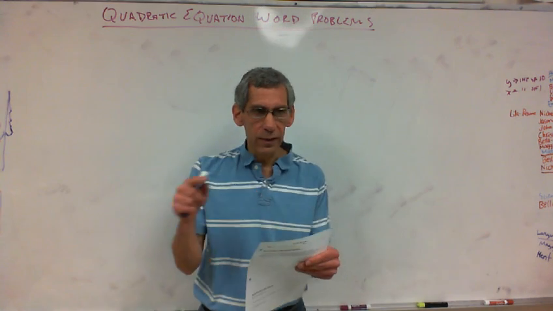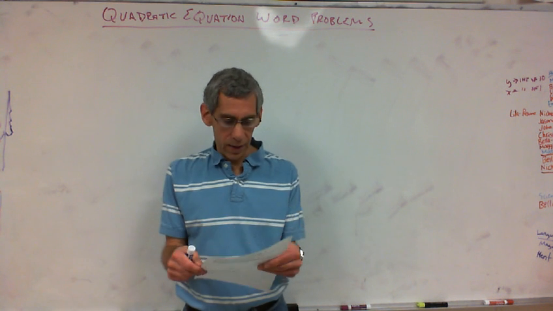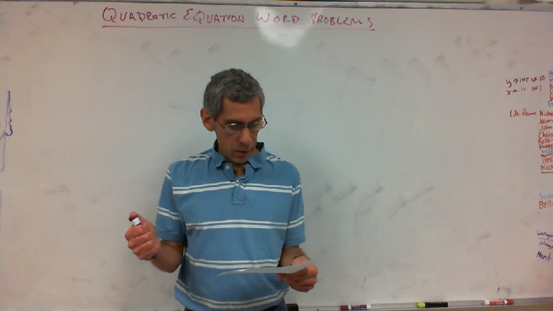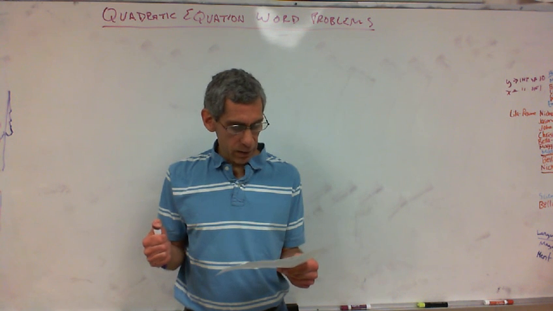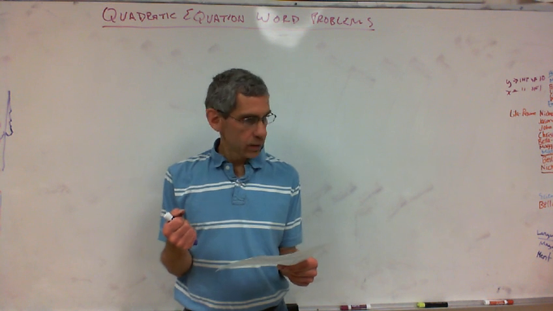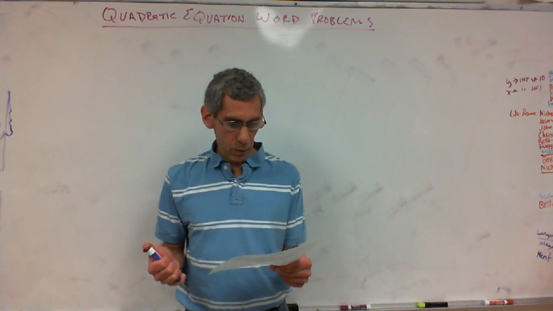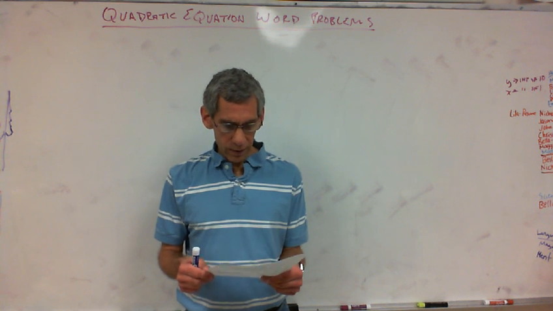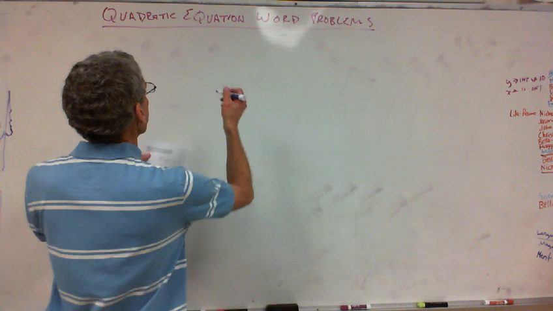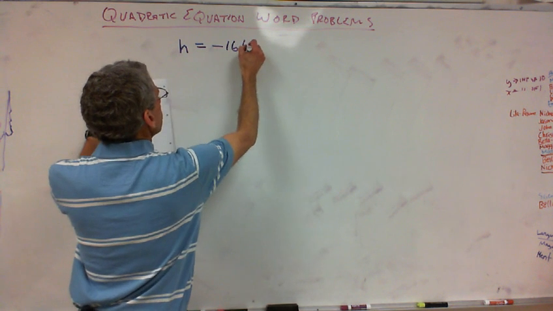I think I'm going to just read this. We'll read it together, and instead of me taking the time to write it out, because I'd rather not do that. So it says, a group of friends try to keep a beanbag from touching the ground without using their hands. Once the beanbag has been kicked, its height can be modeled by h is equal to negative 16t squared plus 2.